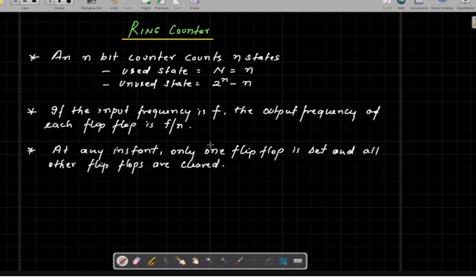This is an important point which you should note down in the case of the ring counter, because at any instant only one flip-flop is set and all the remaining flip-flops are cleared.